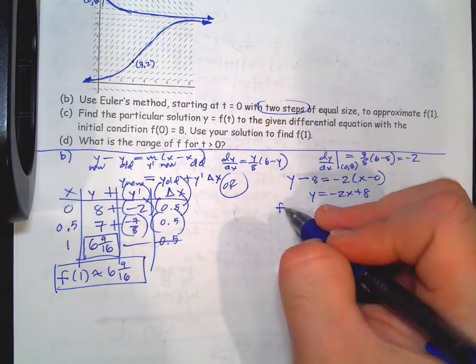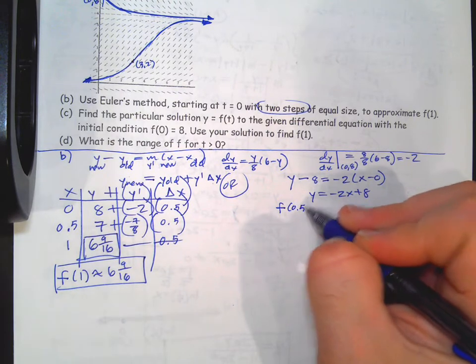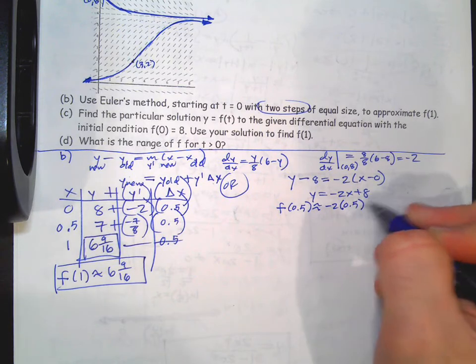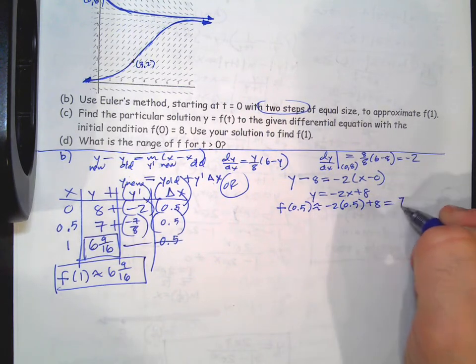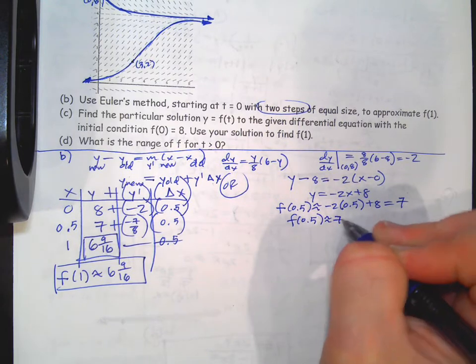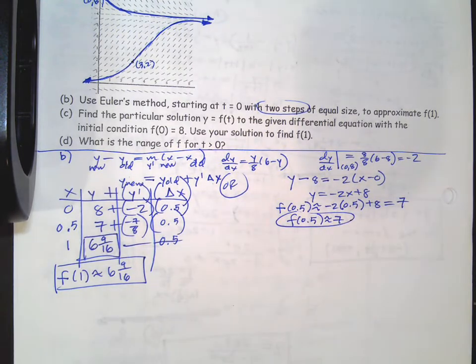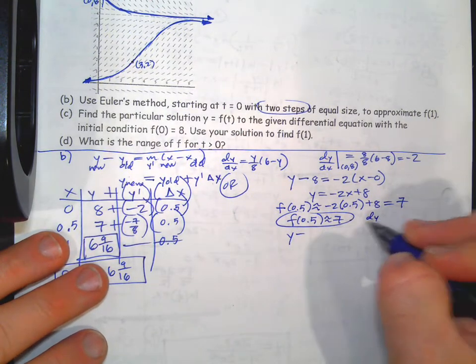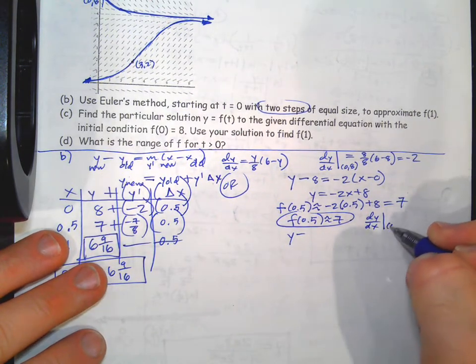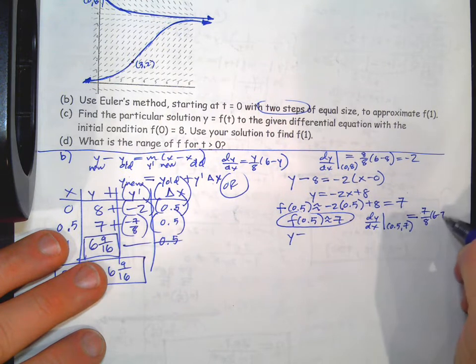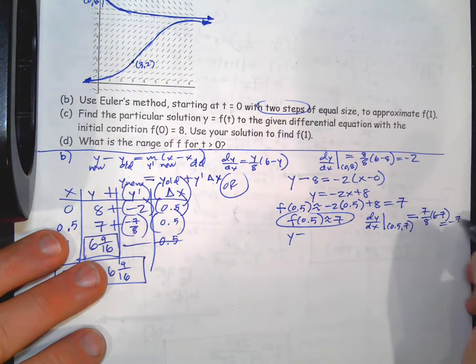So then f of 0.5 is approximately negative 2 times 0.5 plus 8 equals 7. So f of 0.5 is approximately 7. Same answer we got in the table. Then we do it again. We should probably find dy/dx first. dy/dx at (0.5, 7) is going to be 7 over 8 times (6 minus 7), negative 7/8.